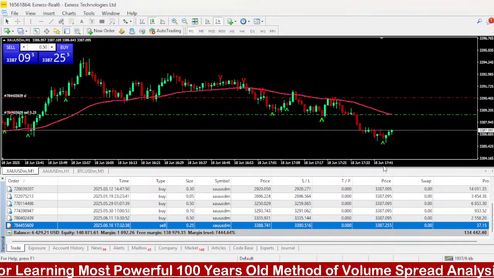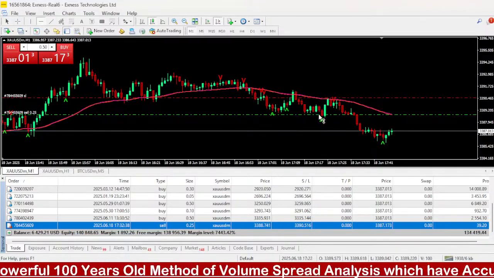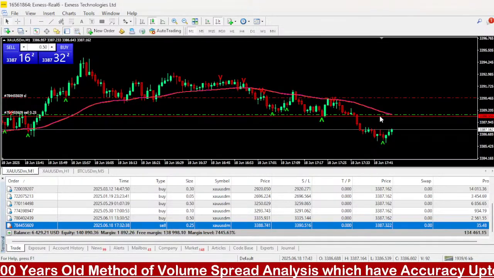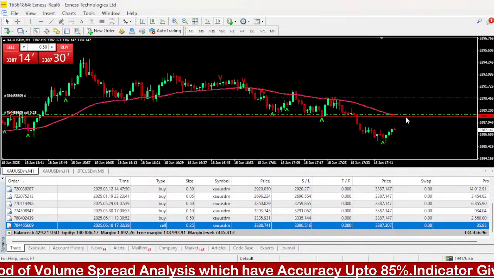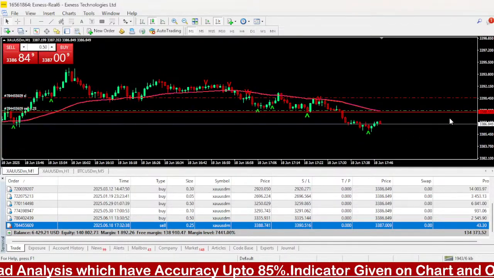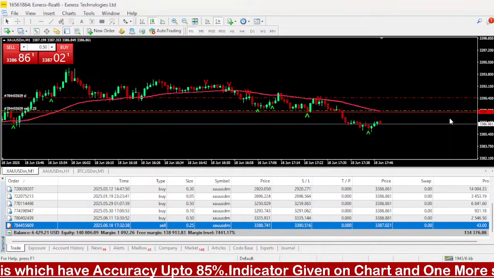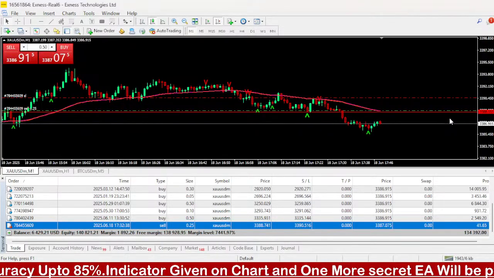This is a strong level. Market has broken down and is now retesting this red line. So maybe from this red line the market goes down again. Let's see what will happen if the market touches this red line or not.